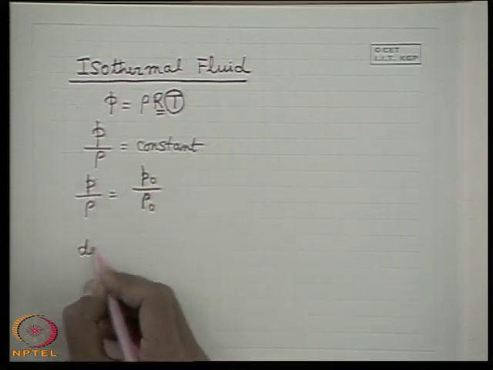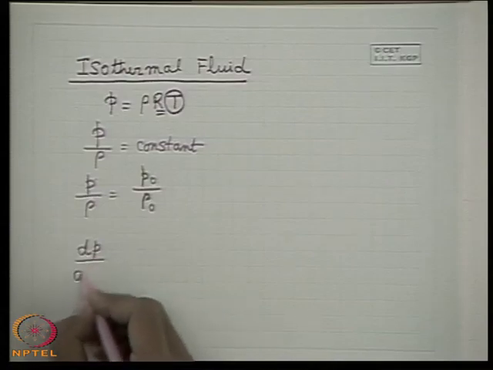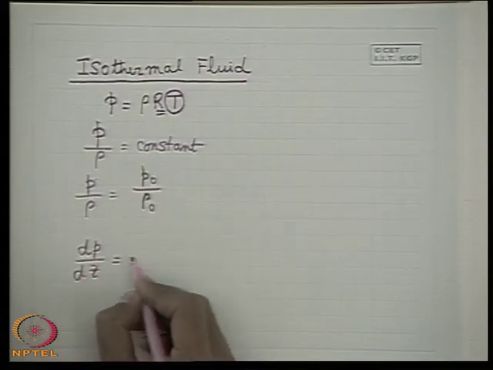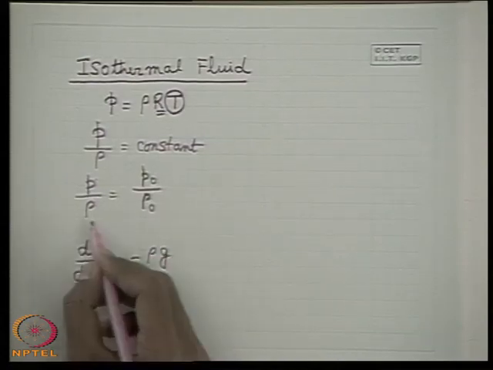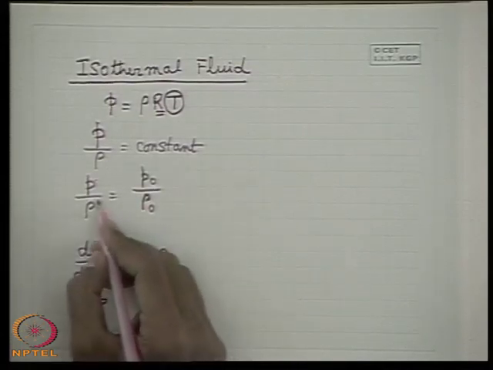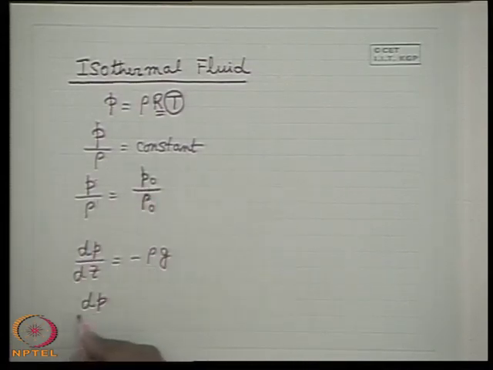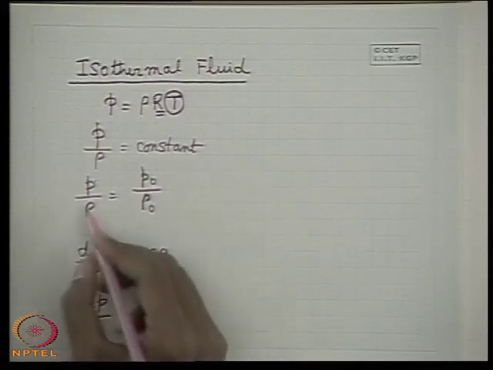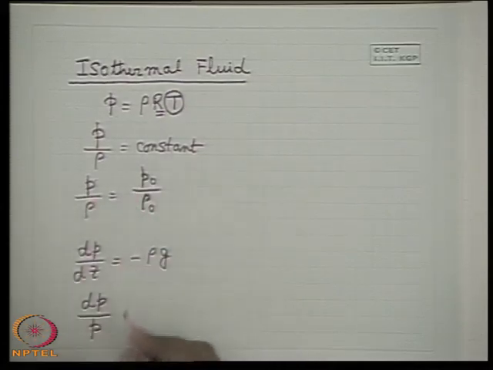Now the simple task is to solve dP dz equals minus rho g, by substituting the value of rho. If you substitute the value of rho from this equation, you get dP by P, rho is P rho 0 by P0, is minus what?